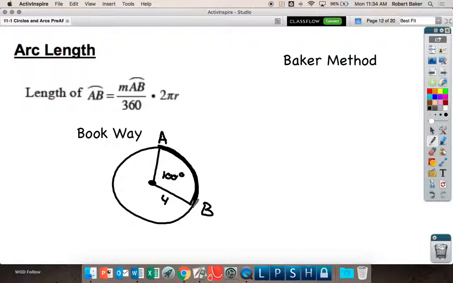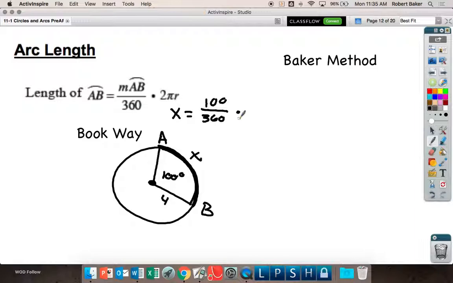So the book says that the arc length, in this case x, we don't know how long that is, is equal to the degree measure of the arc over 360 times the circumference of the circle.